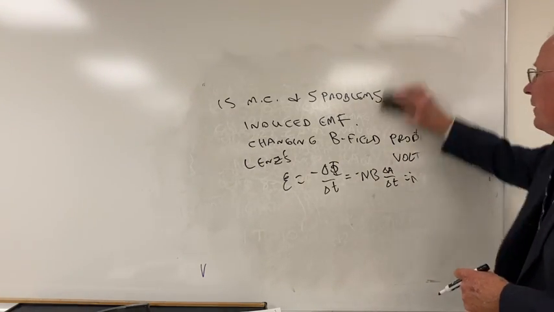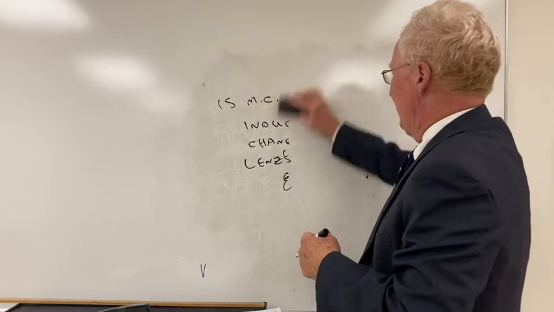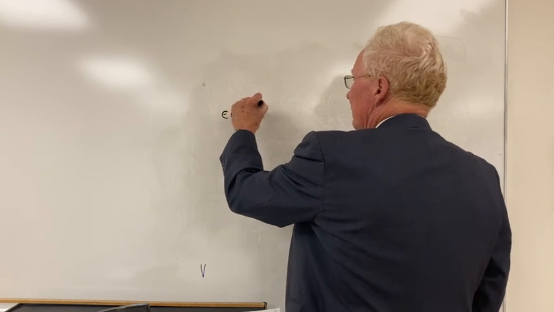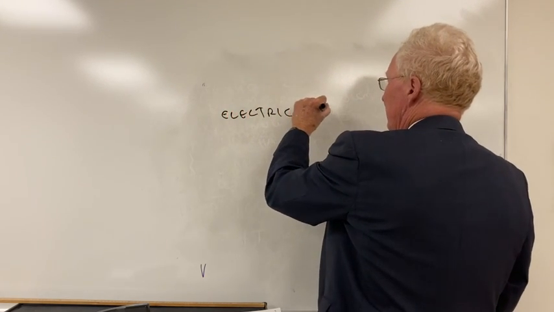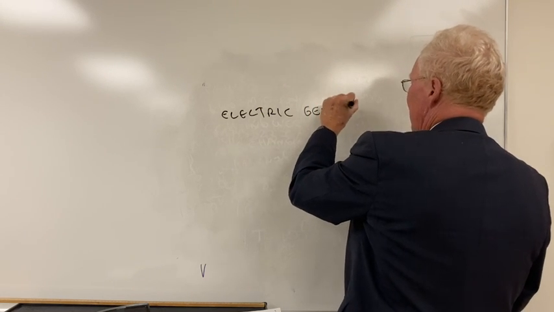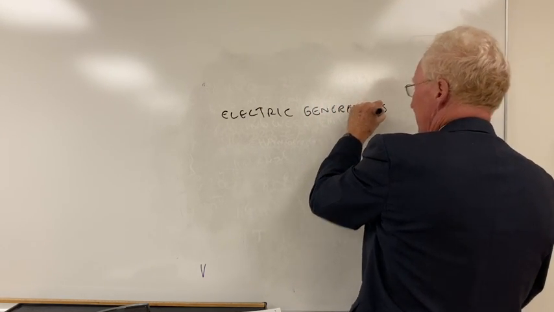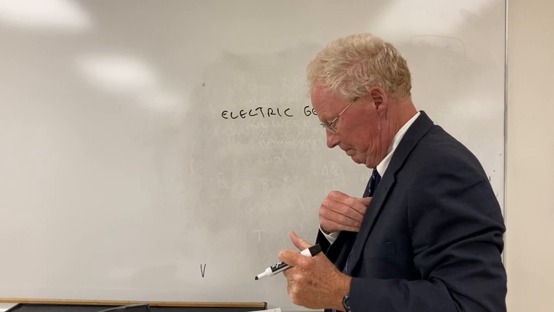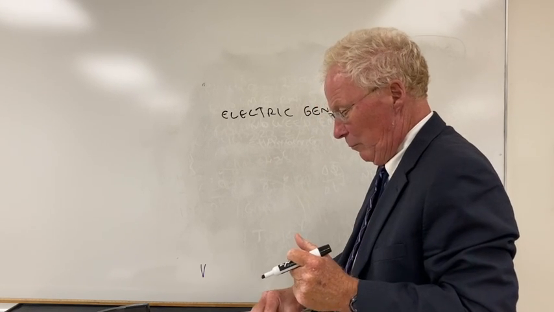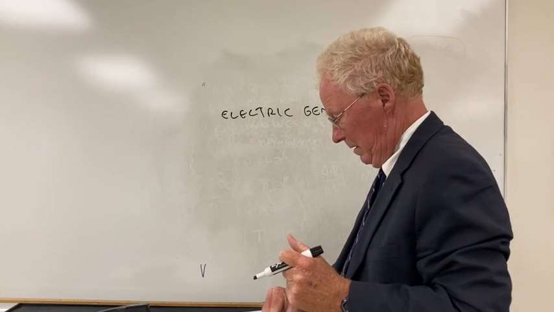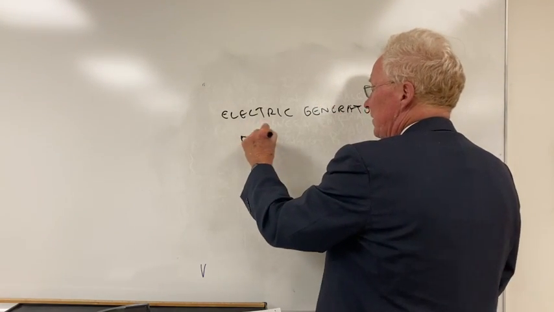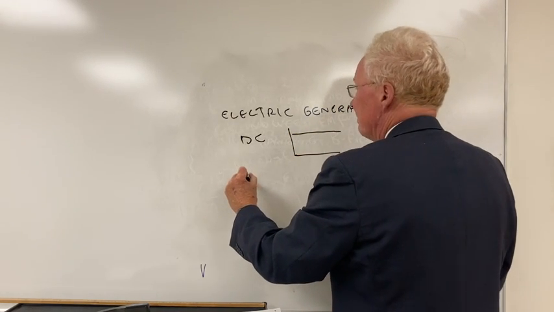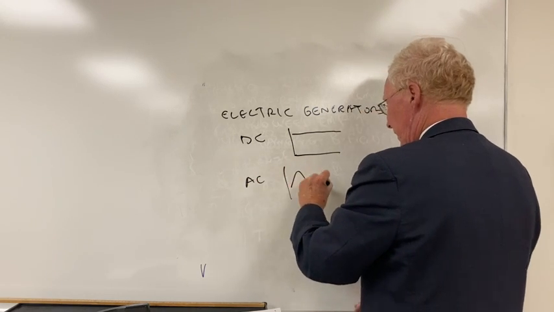We also then have, as we talked about, electric generators and the principle behind those. A DC generator produces a static current, an AC generator produces an alternating current.